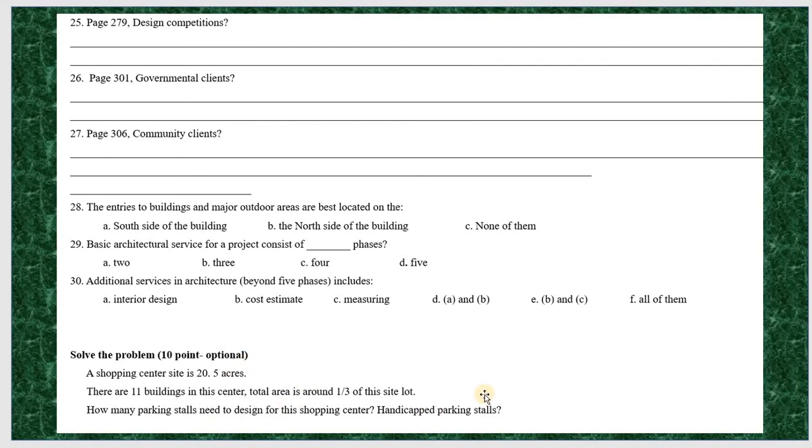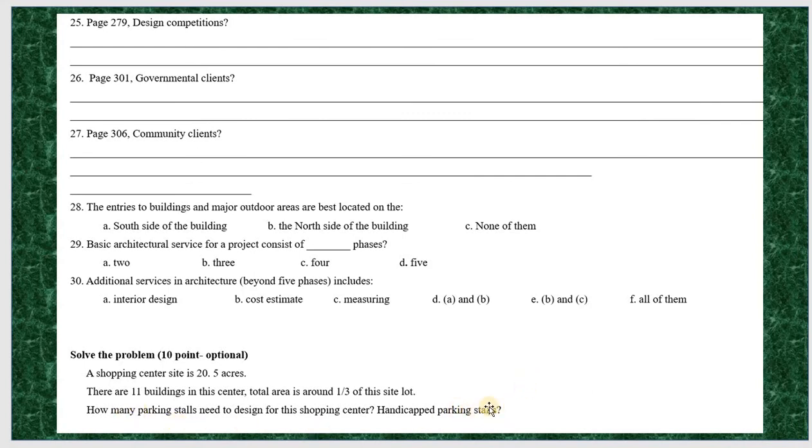So after you have the landscape area, you take 40% out. That means 40% remains for the landscape, and the 60% of the area belongs to the parking.